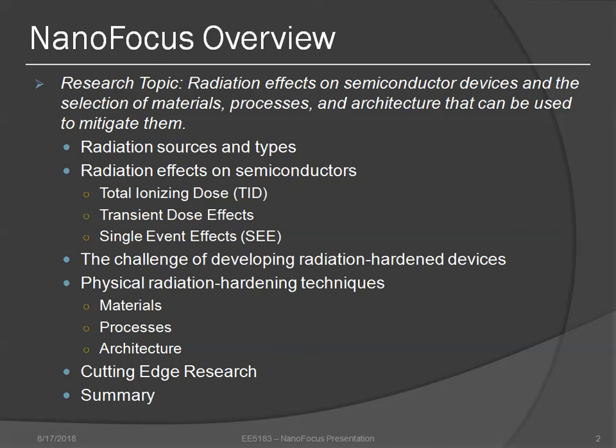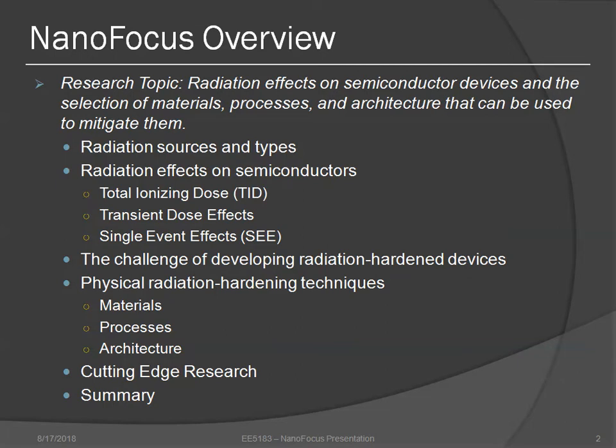Before I get into the radiation hardening methods I've studied, I need to lay some groundwork. We're going to go briefly over some of the radiation sources and types that we encounter, as well as the radiation effects on semiconductors. Those can be broken down into your total ionizing dose, TID, transient dose effects, and your single event effects, or SEE.